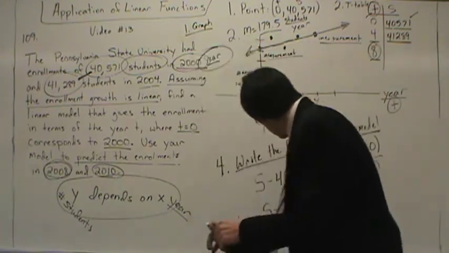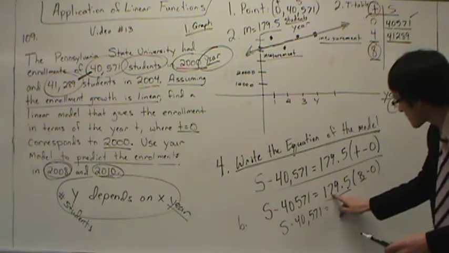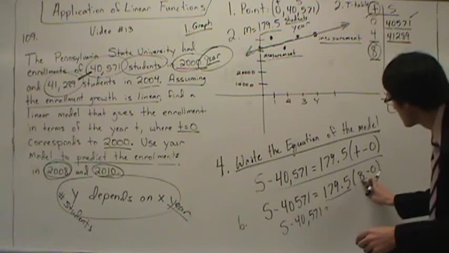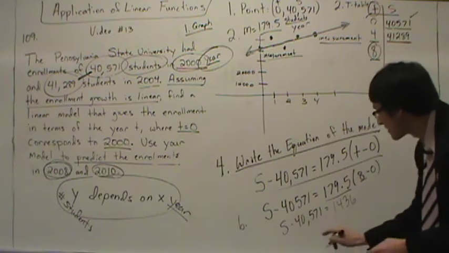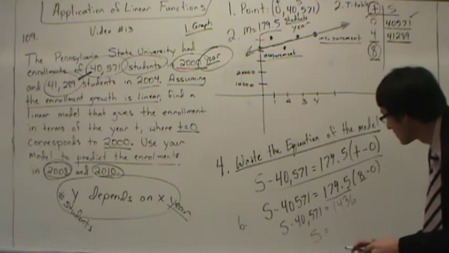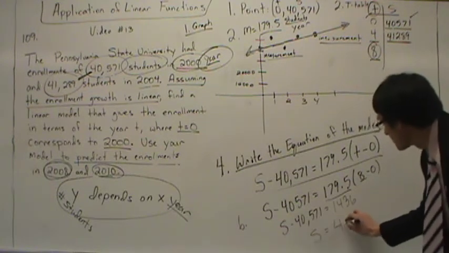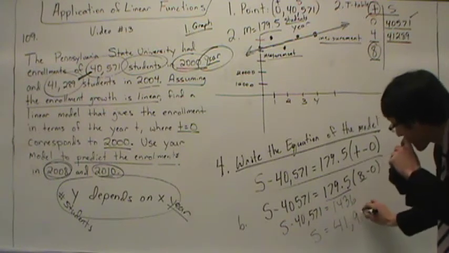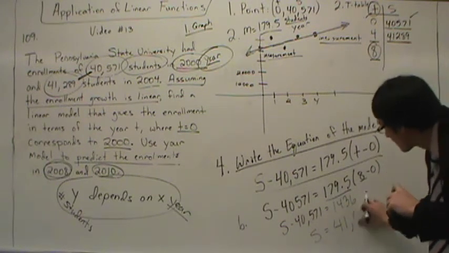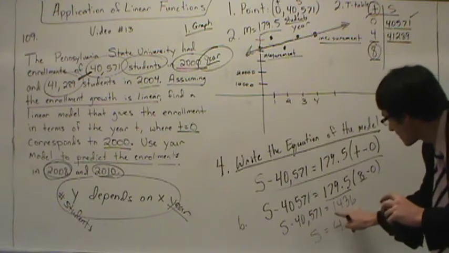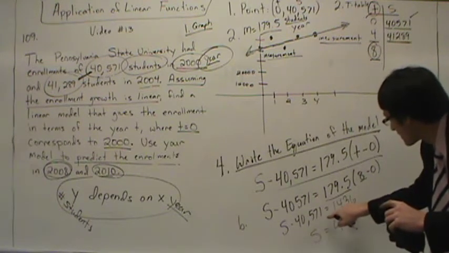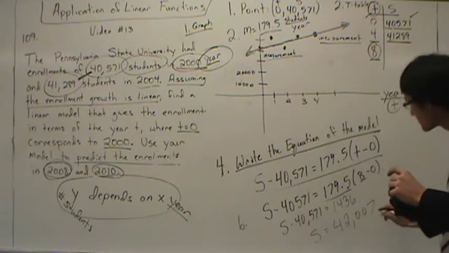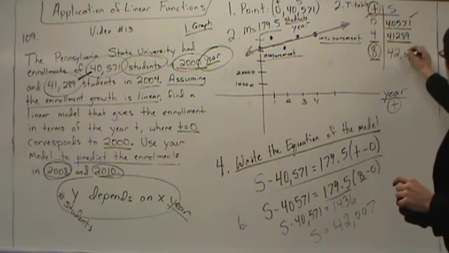179.5 times 8 is 1436. Add 40,571, and s equals 42,007 students.